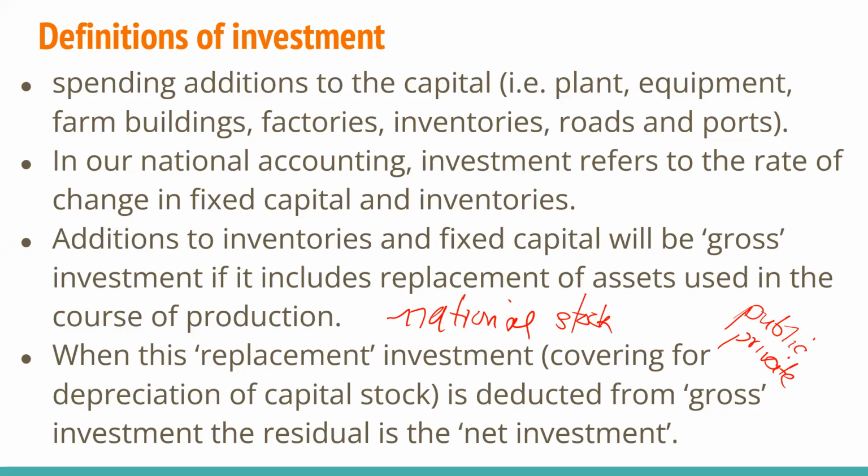So, spending additions to capital. By now we know that capital is one of the three factors of production, so far as economics is concerned. So anything that increases the stock of capital is what will be understood to be investment.